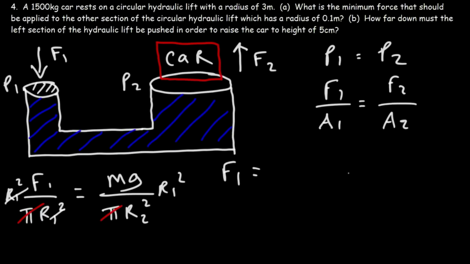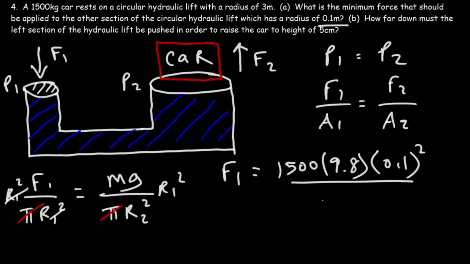So F1 is going to be the mass of the car, which is 1,500 kilograms, times g, times r1 squared. R1 is 0.1 meters. R2 is 3 meters. So let's go ahead and do the math.